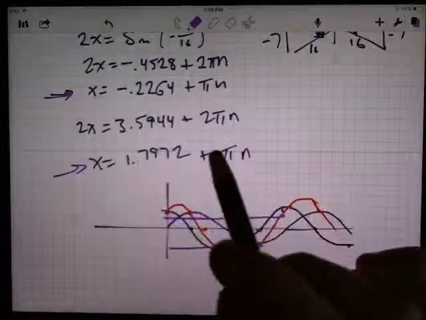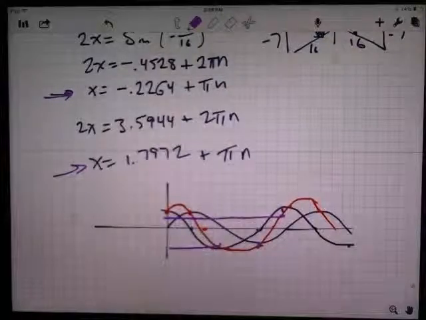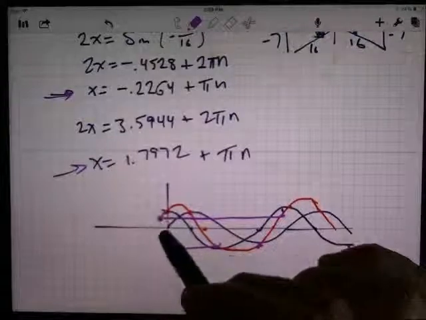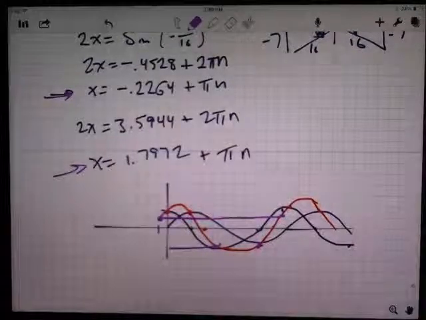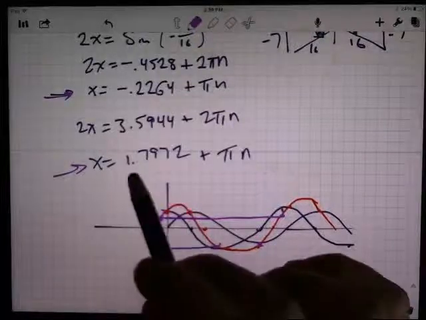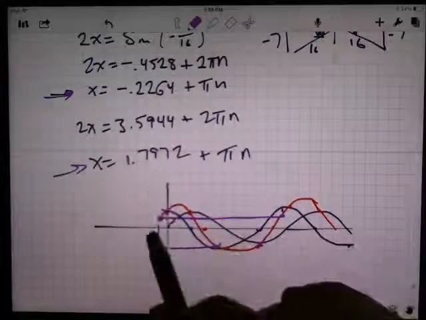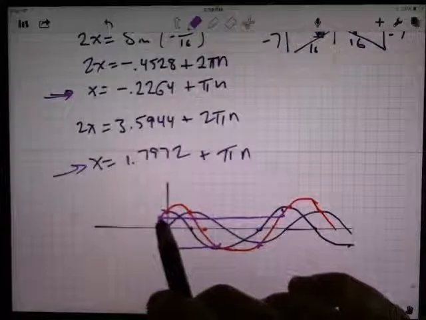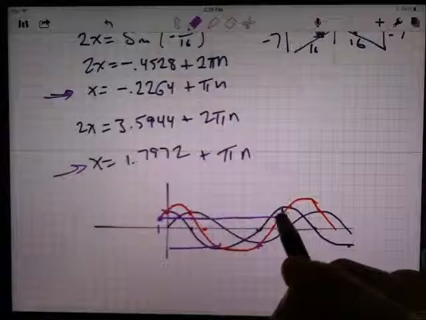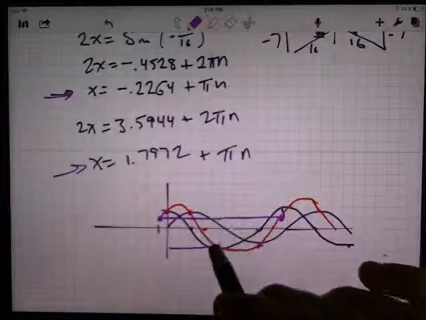The negative 0.22 is this one right here. That's the one that's closest to 0. Okay. The 1.7, sorry, when I add pi onto that, well, if I add 2 pi onto that, that's getting me clear back over to here. Adding pi onto that is getting me to this one.